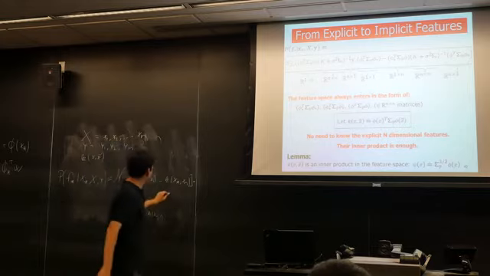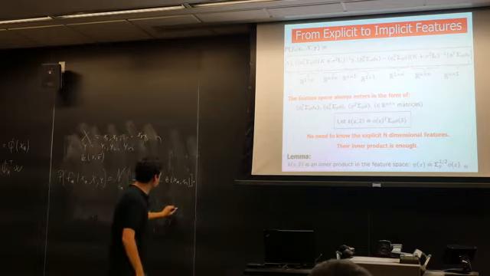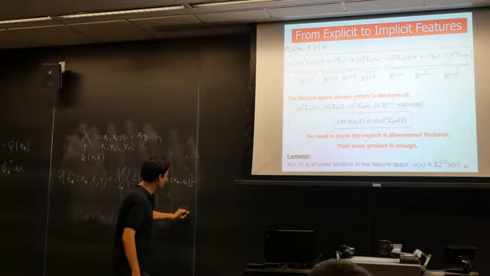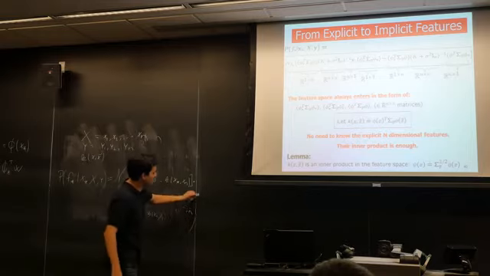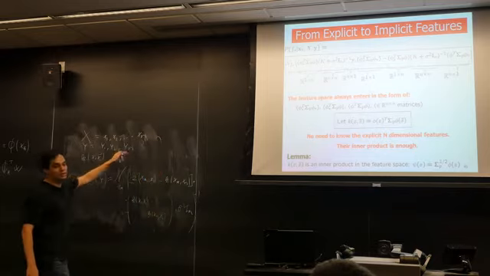Then I add sigma squared times the identity matrix, invert this, and multiply with y, my observations y1, y2, yn.